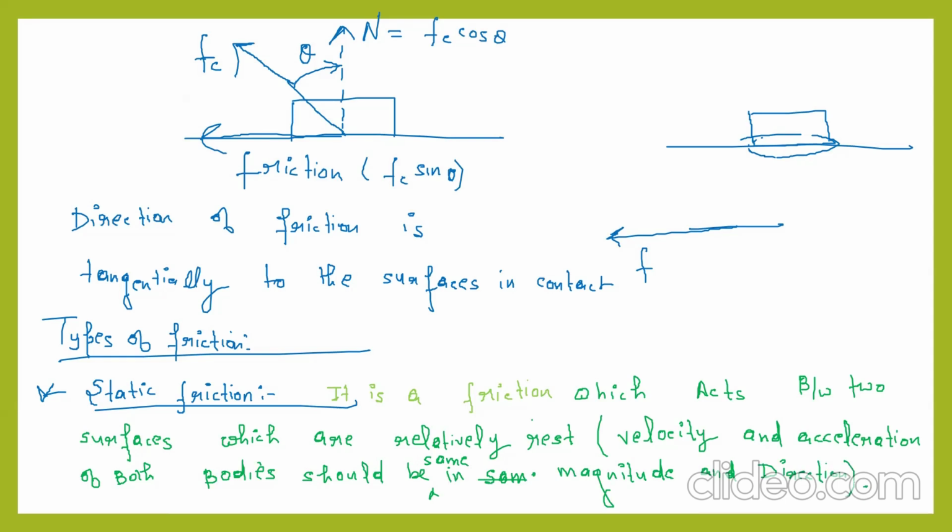Clear? So it is a friction which acts between two surfaces which are relatively at rest. They should not move. Velocity and acceleration must be equal. First write, then I will explain.